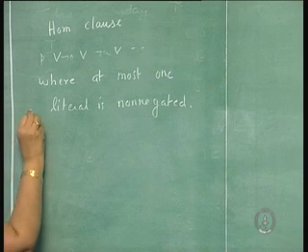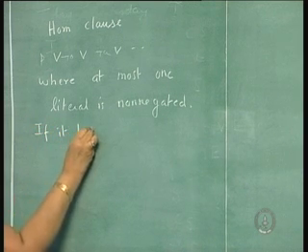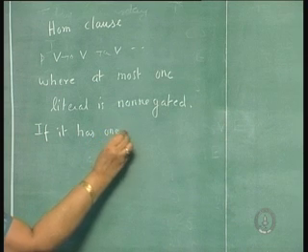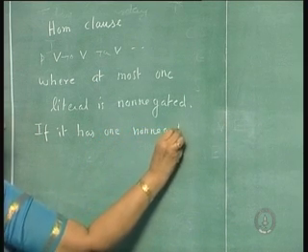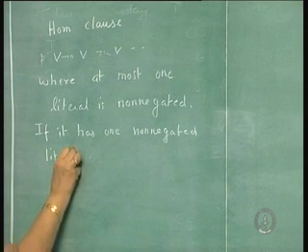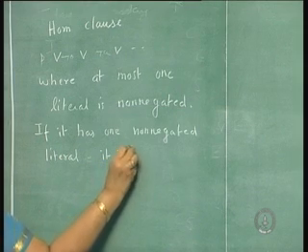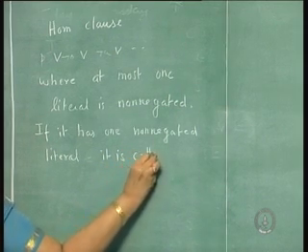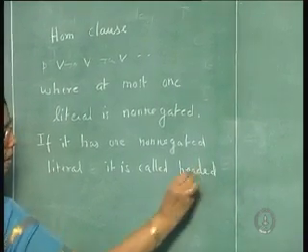If a Horn clause has one non-negated literal, it is called a headed Horn clause.